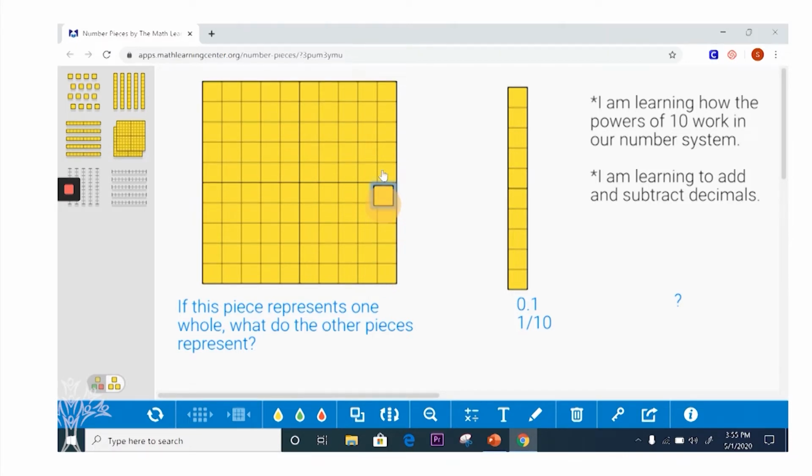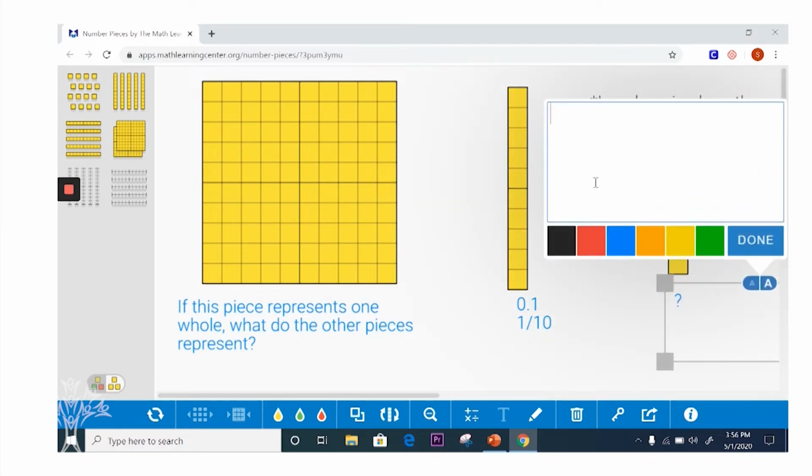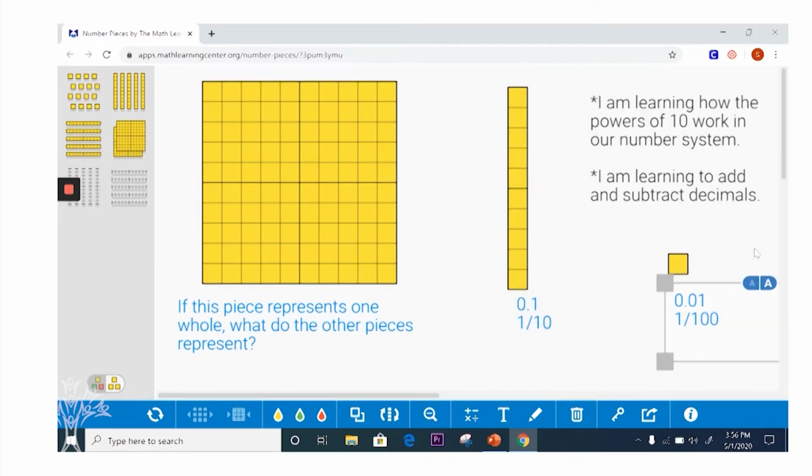So we knew 10 fit here, so then we would have 10, 20, 30, 40, 50, 60, 70, 80, 90, and 100. This little piece is 1 out of 100, or 1/100th, which can also be written as a fraction, 1/100th. How'd you do? Okay, I think you're ready to move on.